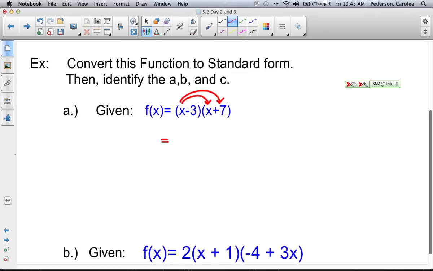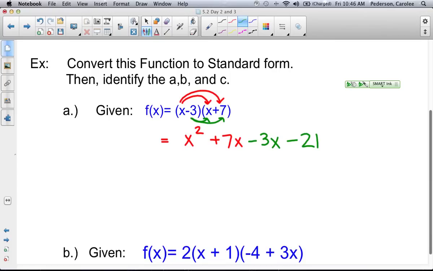So x times x is x squared. X times 7 is 7x. So that takes care of first and outside of FOILing. Now we're going to distribute the negative 3 to the x and the 7. So negative 3 times x is negative 3x, and then negative 3 times 7 is negative 21.